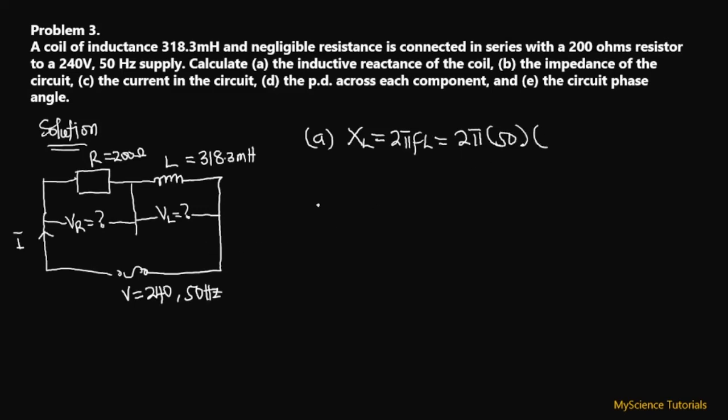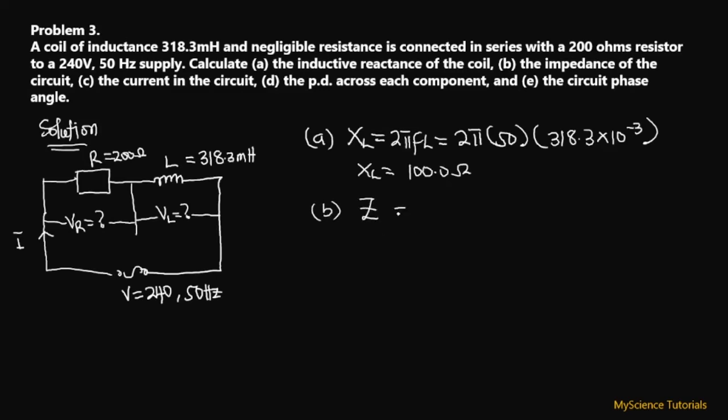And then our inductance is 318.3 times 10 raised to the power minus 3. Okay, so if we compute that into our calculator, we are going to get the value of XL to be equal to 100 ohms.